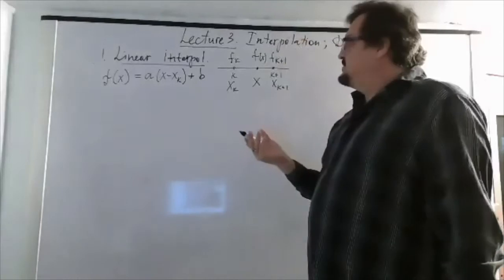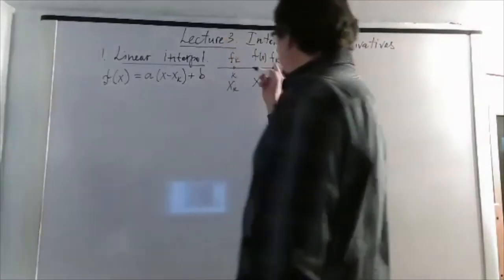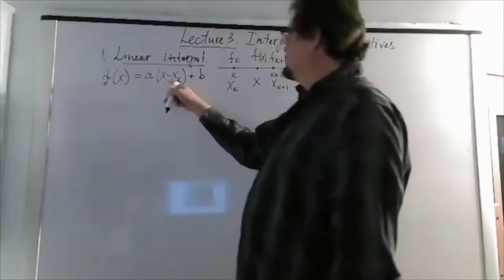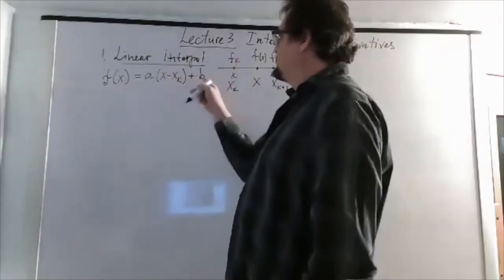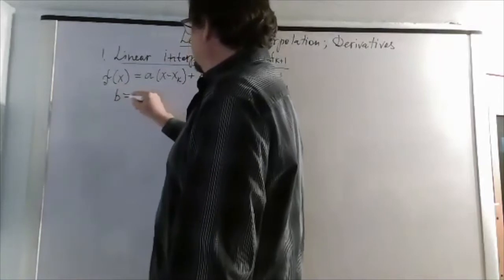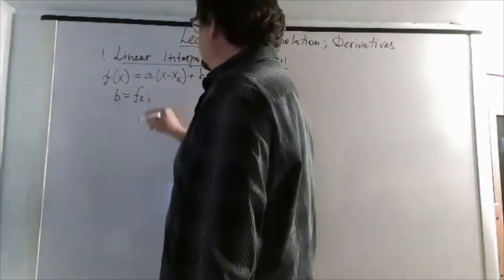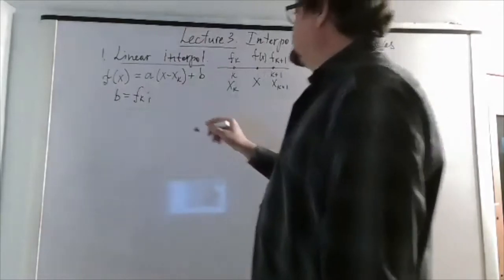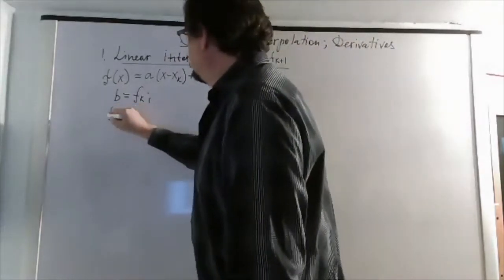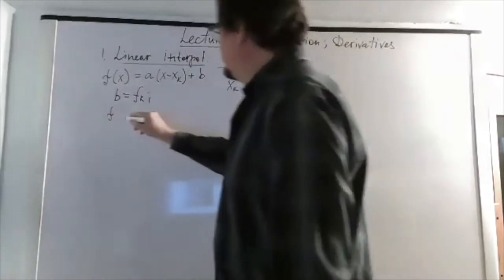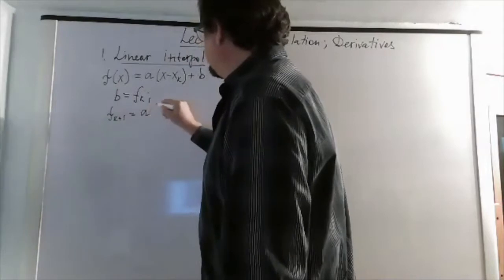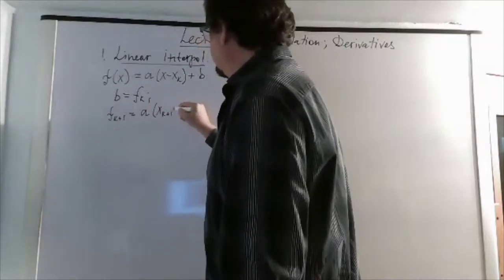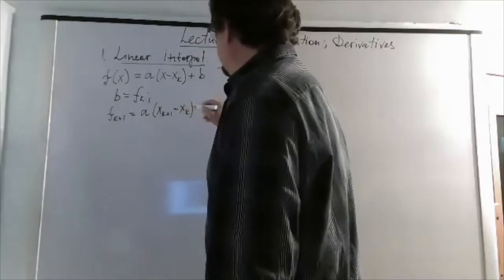So how to find a and b? Of course, you use your known grid points. When x equals xk, this term equals 0, so your function equals b. From that, you immediately get that b equals fk. And for a, you take the second grid point, k plus 1: fk plus 1 equals a times (xk plus 1 minus xk) plus b, which is fk.